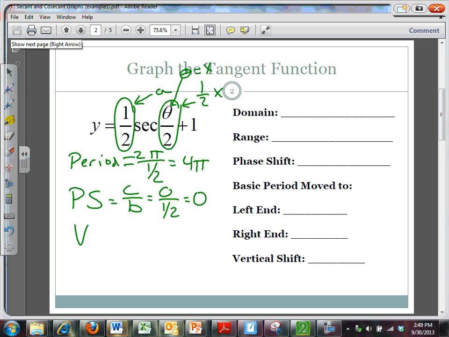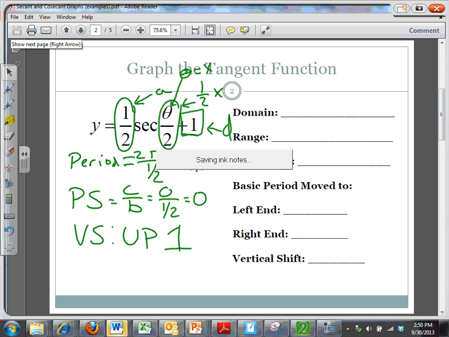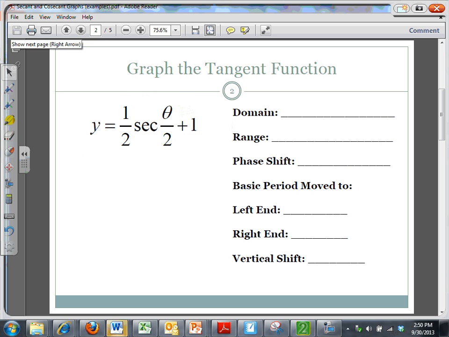My vertical shift is always my D, and in this case that's up 1. Alright, so that's all of that information. If you need to take notes on that, please feel free. I'm going to go ahead and clear it off, so if you need to pause the video, feel free to pause it and take the notes.